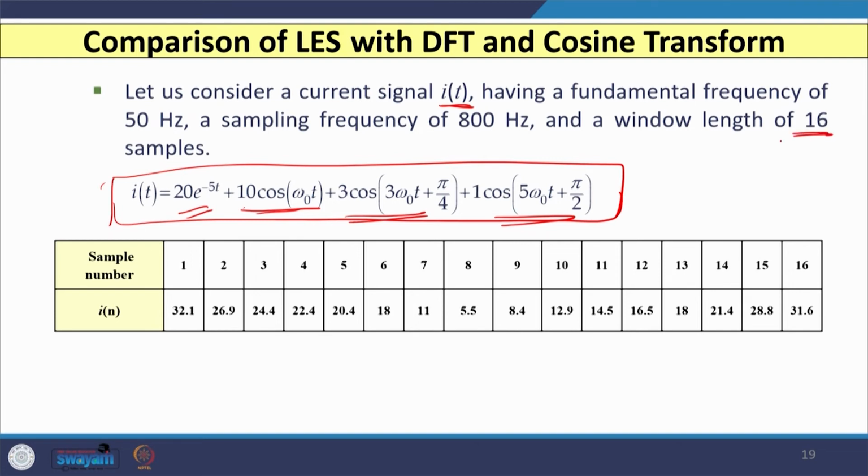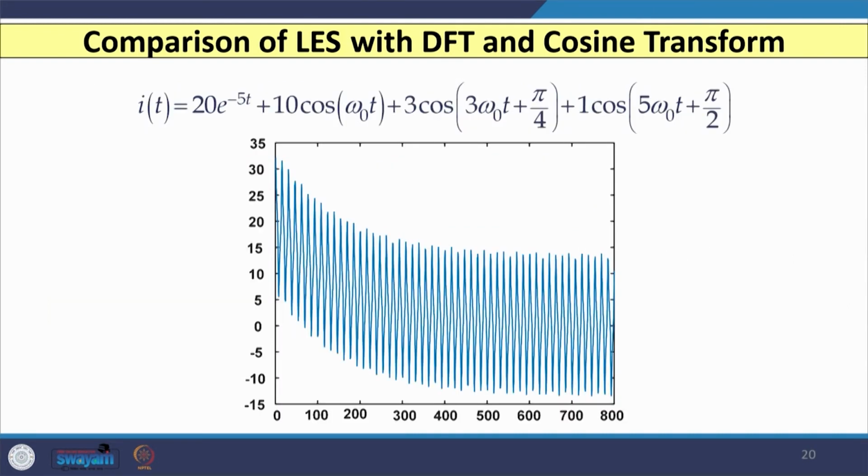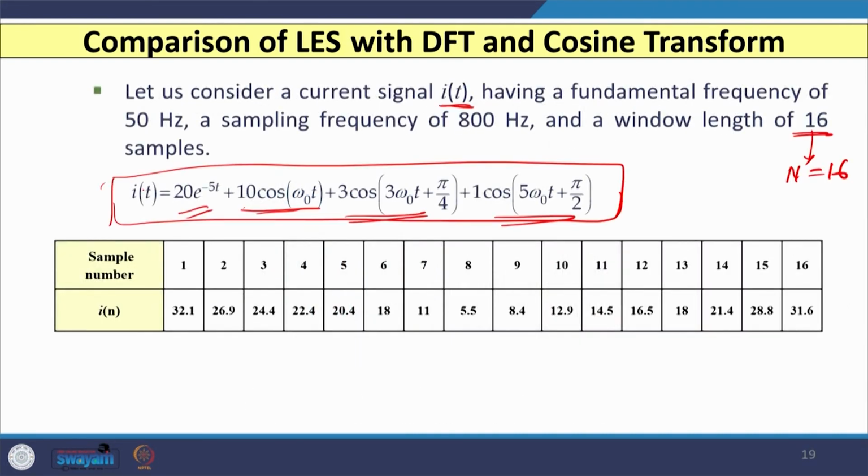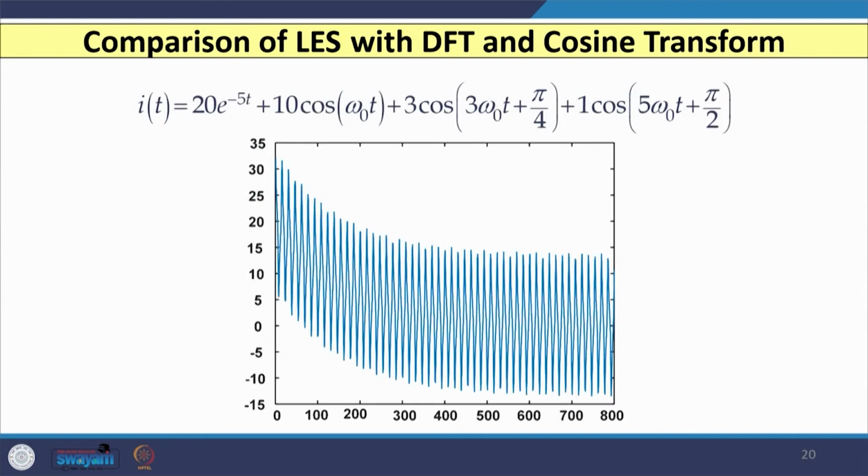So, the number of samples in a cycle, that is N, is equal to 16, and those 16 samples are shown here. Now, if I plot this signal, then it looks like this.